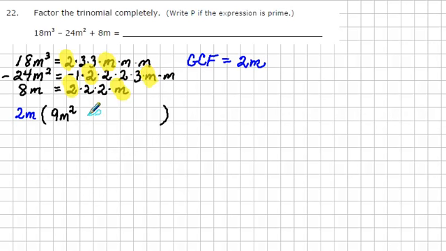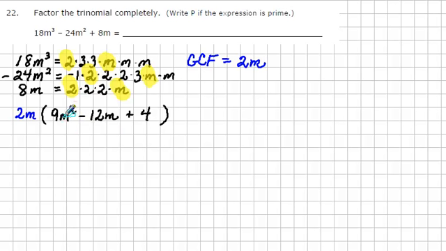When we multiply those together, we end up with minus 12m. And for the last term, our remaining factors are 2 and 2. When we multiply those together, we end up with plus 4. So the first step was to factor out the greatest common factor.